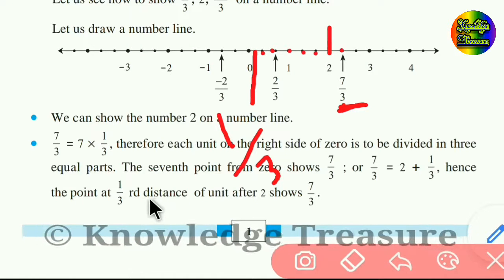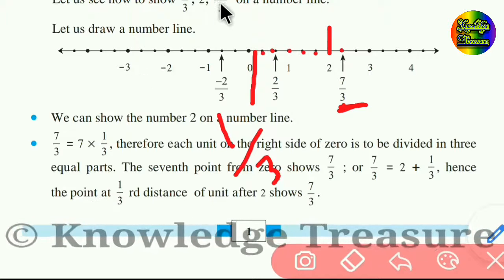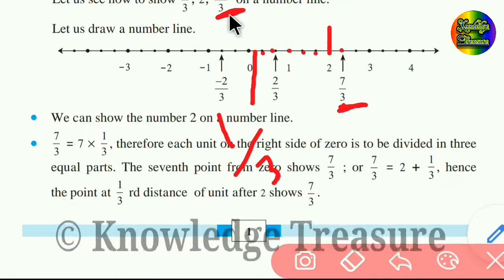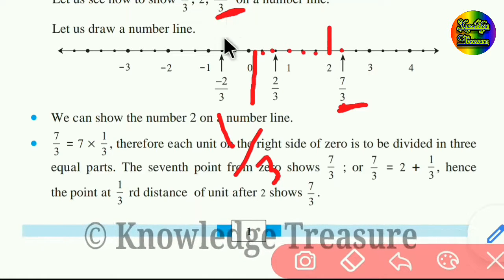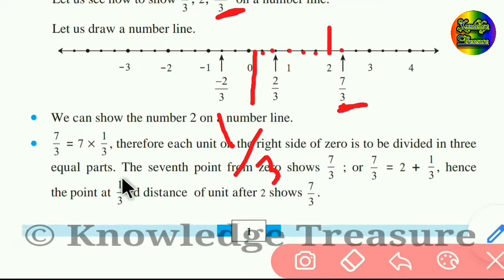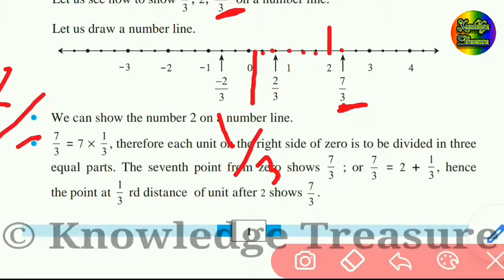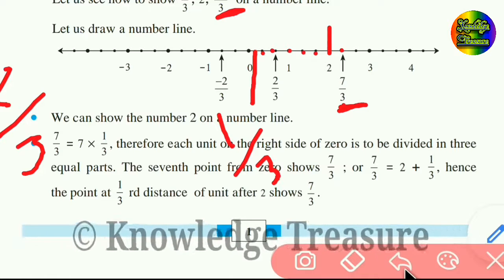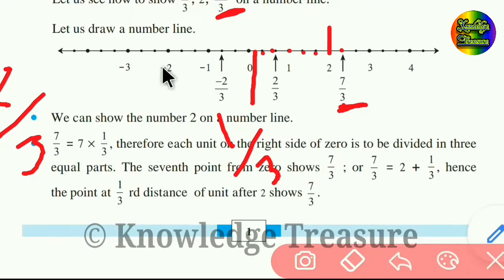Step number 6. Now, we have to show the number minus 2 upon 3. How to show this one? First, we will show the positive number. That is, first we will see 2 upon 3. We have to show positive 2 upon 3.